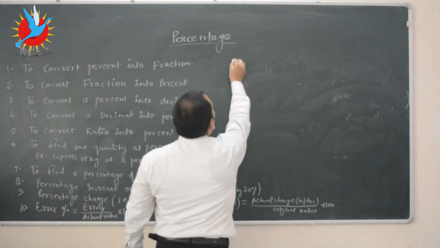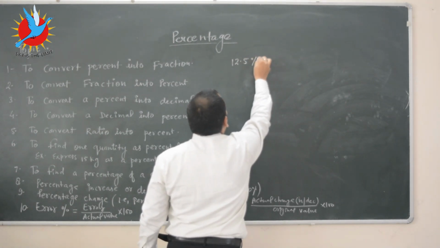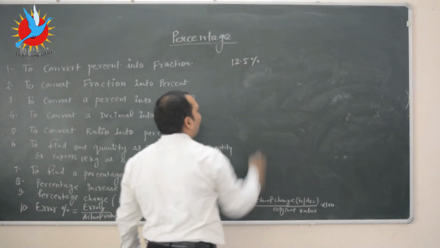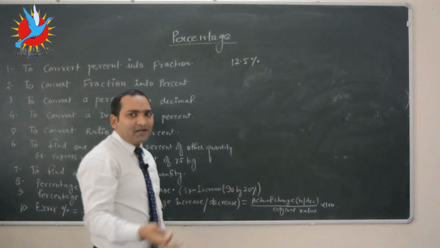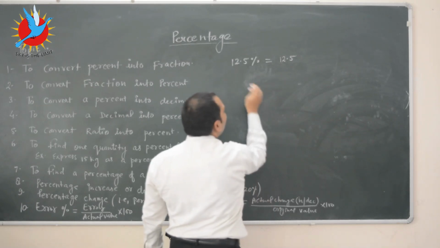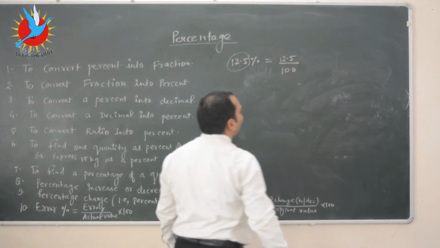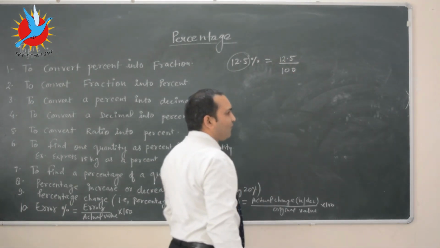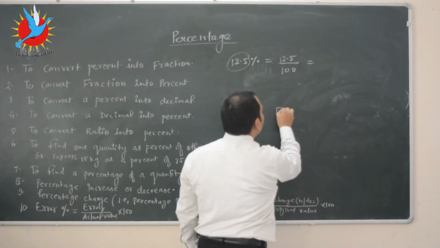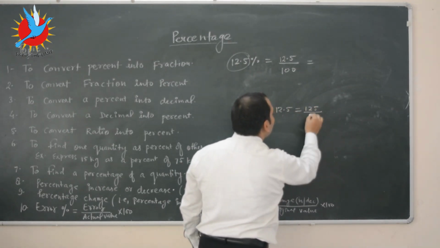Consider 12.5% and convert this. This is a percentage in decimal. You know very well that percent means out of 100. So this is 12.5 out of 100. What is the value of 12.5 as a fraction? 125 upon 10.